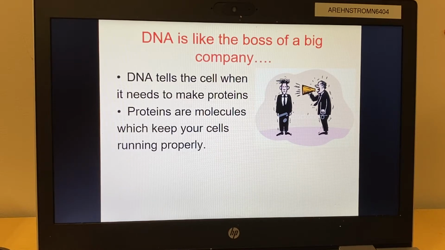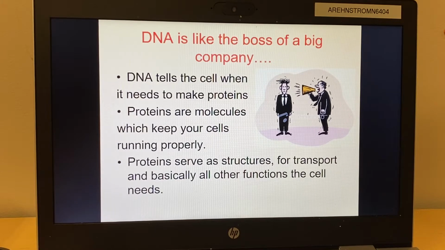If it needs a particular hormone made, there's going to be an enzyme, which is a protein, to make that particular hormone. So proteins are doing the majority of the work, and they are by far the most numerous molecules in your cells, so it makes sense that DNA codes for proteins. Basically they do pretty much everything in the cell.